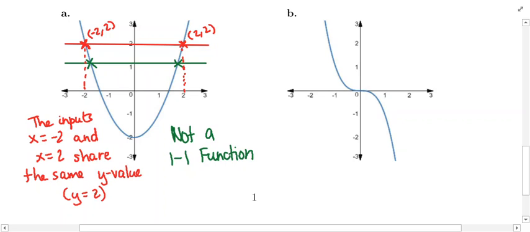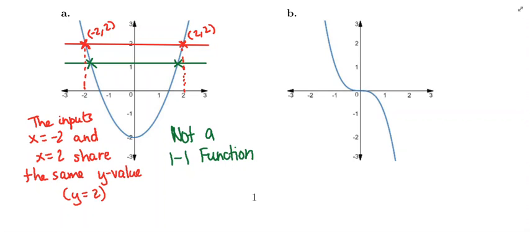So that's why this horizontal line test works. If you can draw a horizontal line somewhere that intersects your curve in more than one spot, that horizontal line is basically locating two inputs that share the same y value. And that means that the function is not one-to-one.